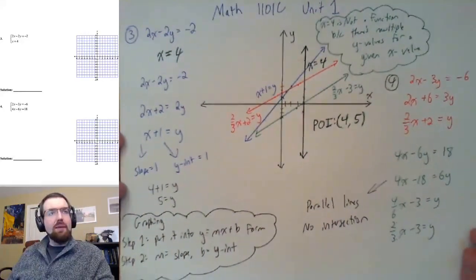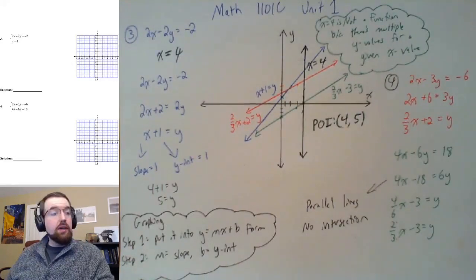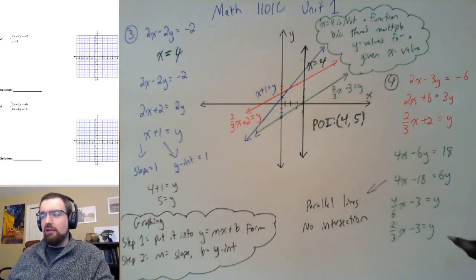All right, so I was asked basically how you graph these guys. Well, the way you graph them is first you put them into y equals mx plus b form. Then step 2, m equals slope, b equals the y-intercept.